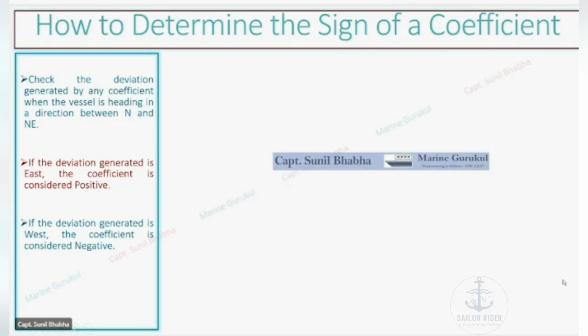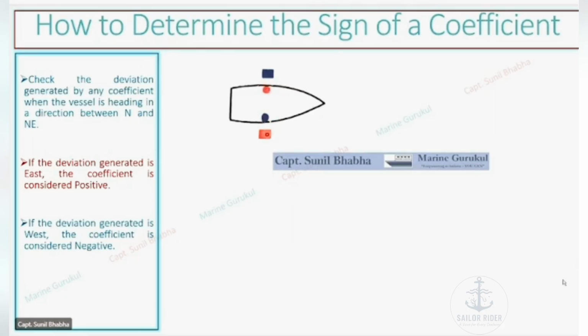Now let us analyze this positive and negative sign convention for coefficient permanent C also. Let us assume that we have a ship which is built on an easterly heading. A ship which is built on an easterly heading, magnetic lines of force are going to enter from the starboard beam, giving it a blue polarity, and they are going to come out of the port beam, giving it a red polarity.